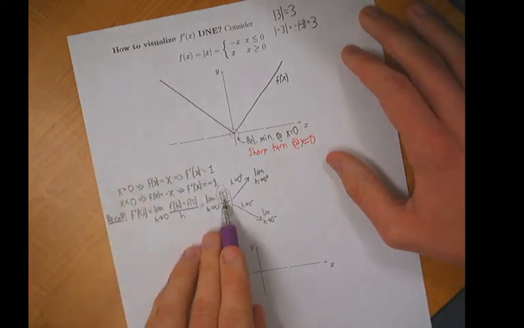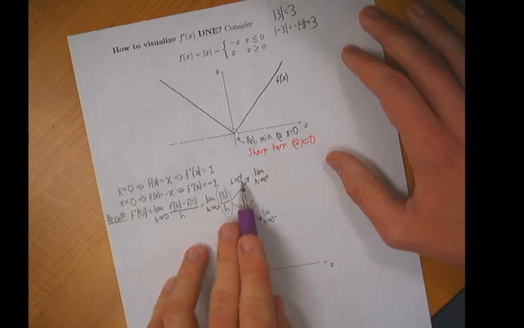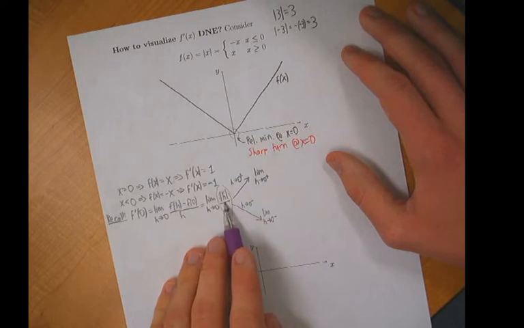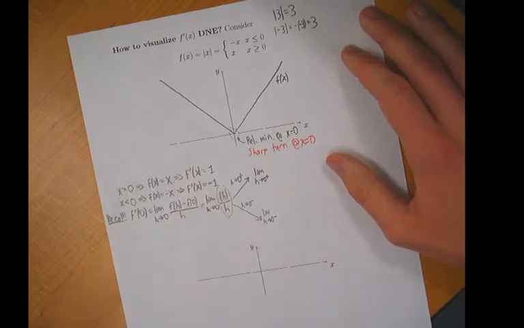The absolute value of h, if we're approaching 0 from the right, becomes what? Approaching 0 from the right means we have to be slightly greater than 0, right? So what does absolute value of h simplify to here?